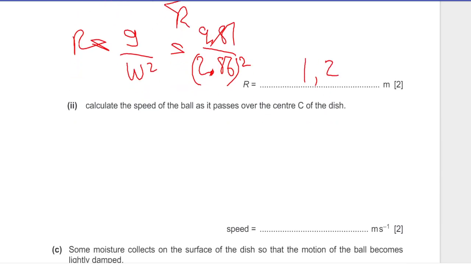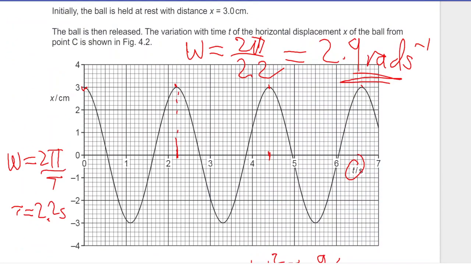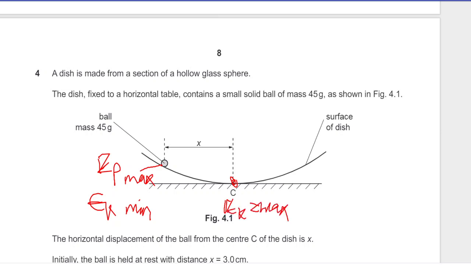Then calculate the speed of the ball as it passes over the center C of the dish. So let's go back to the graph. Observing this, you find that the potential energy here is a maximum, whereas the kinetic energy will be a minimum at this position. But then through the equilibrium position, the kinetic energy should be a maximum and EP should be a minimum.